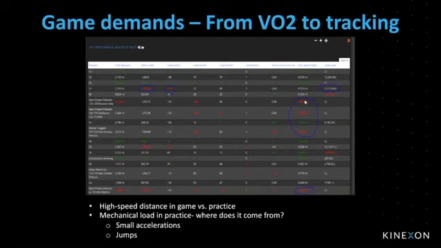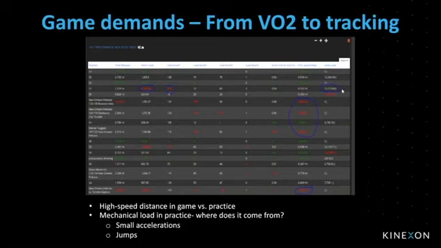So the highest high-speed distance that I have are all games in this situation. So what we're looking at here is, are we actually training them? Because there's no high-speed distance in any of the practices. So are our practices actually matching up to their games? We have the loads, we're getting there, but now we're starting to pick it apart.